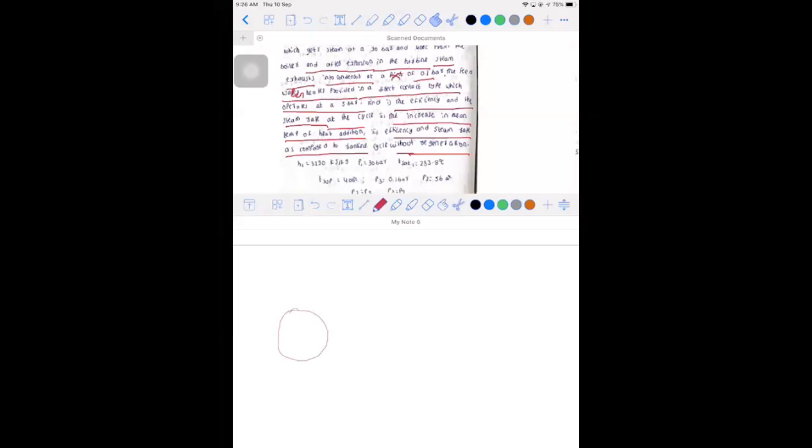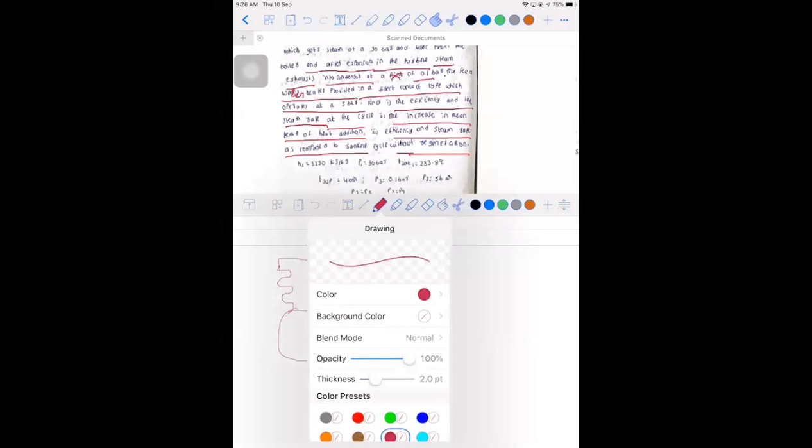This is the boiler. So here we have a loop which indicates the superheater. Initially, the steam is superheated.